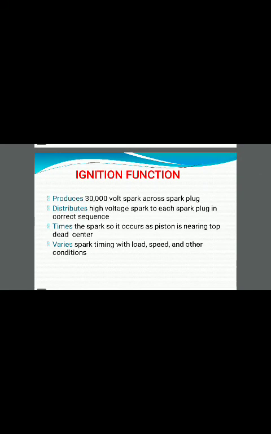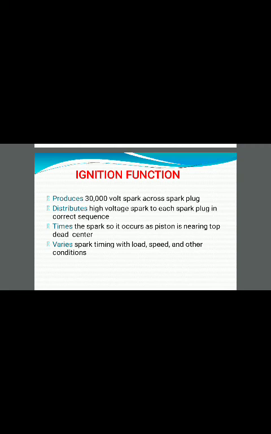So what are the various functions of the ignition system? It produces nearly 30,000 volt spark across the spark plug. It distributes high voltage spark to each spark plug in correct sequence.